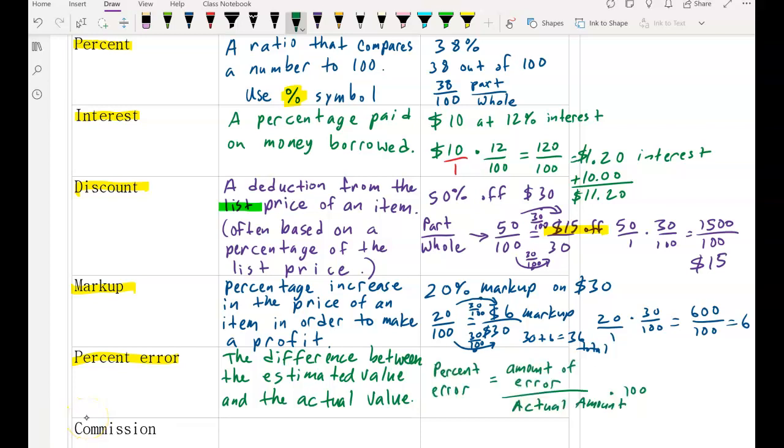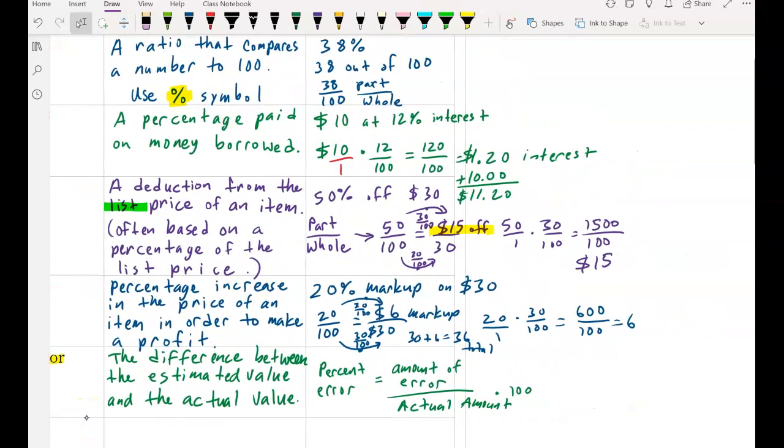So if you thought about this, the actual amount was 7.5 pounds. The amount that I guessed was 5 pounds. And the actual amount is 7.5.